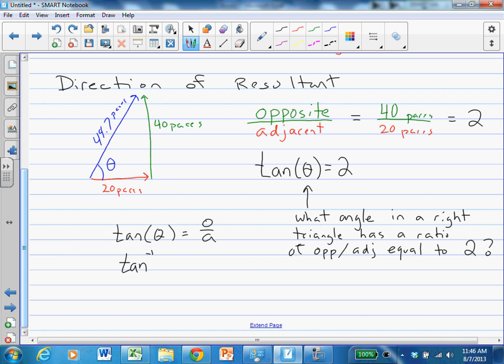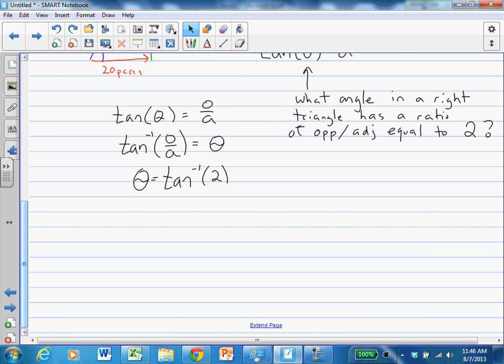So to find our theta here, we're going to do the tan inverse of 2. On your calculator, you just hit shift or second, tan inverse, and then parentheses 2, and we get the angle that corresponds to 63.4 degrees.